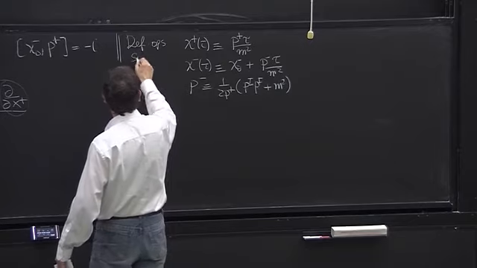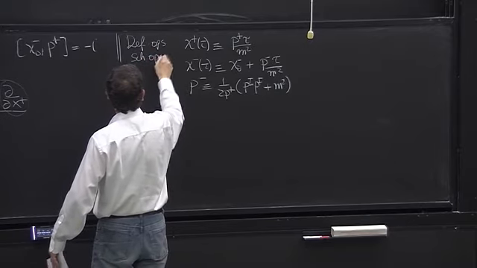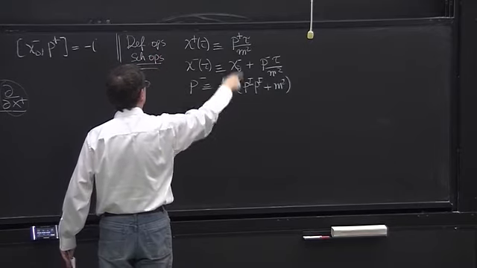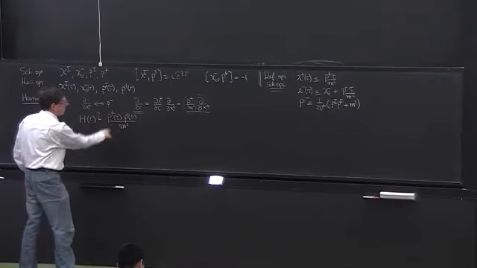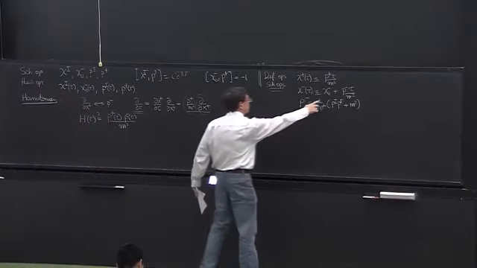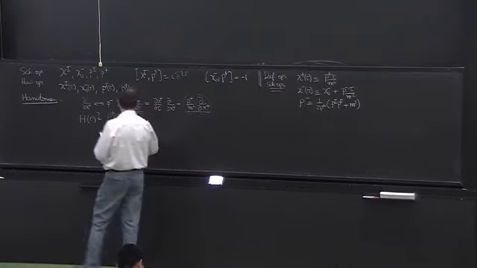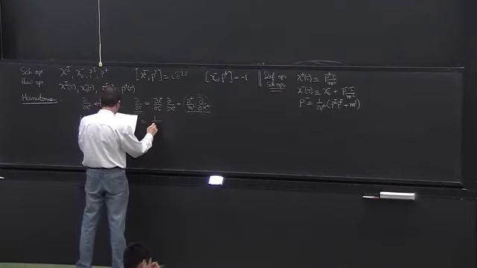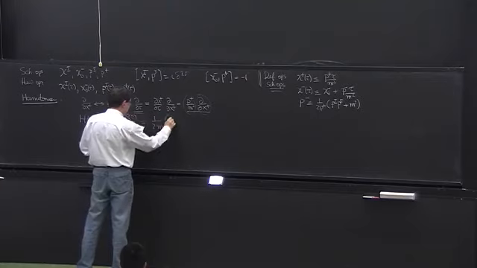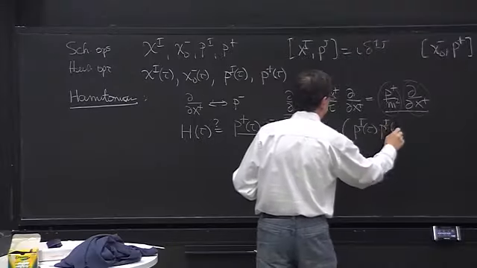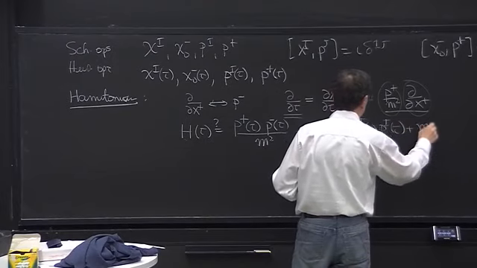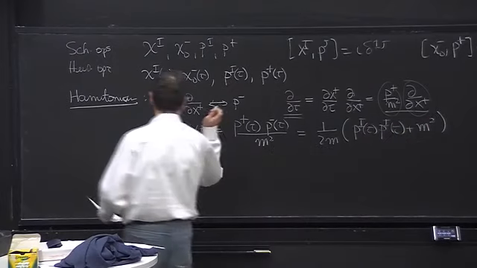These are the Schrödinger operators, time-dependent Schrödinger operators. So p plus times p minus over m squared, the p plus cancels here, so we get 1 over 2m, pi of tau squared plus m squared.